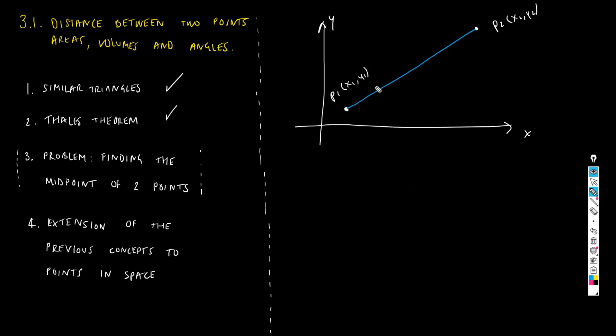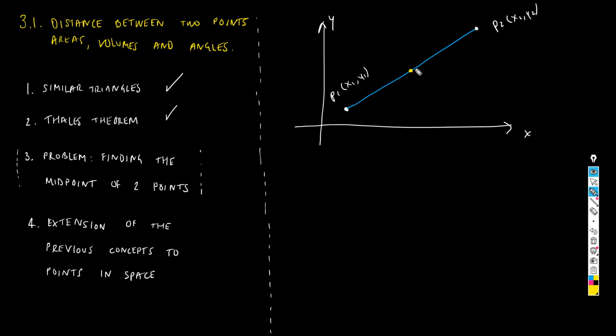So we have these 2 points, and I ask you to solve the following problem: find me the coordinates of the point that divides this segment that joins P1 and P2 at the midpoint, or that divides this segment in two. This point is called the midpoint of the segment, or the midpoint of P1 and P2.